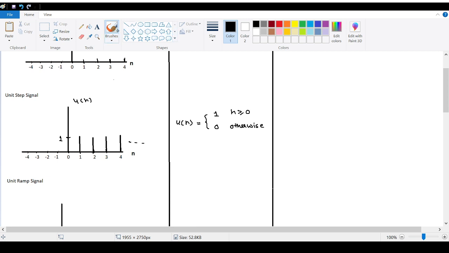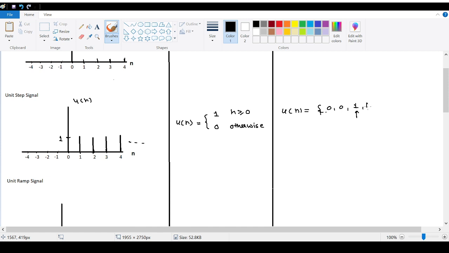Now whenever we want to see the sequence representation for this u of n, I can represent it like u of n is equal to 0 0 0 for negative values of n, and it has one magnitude at the n is equal to 0th position.